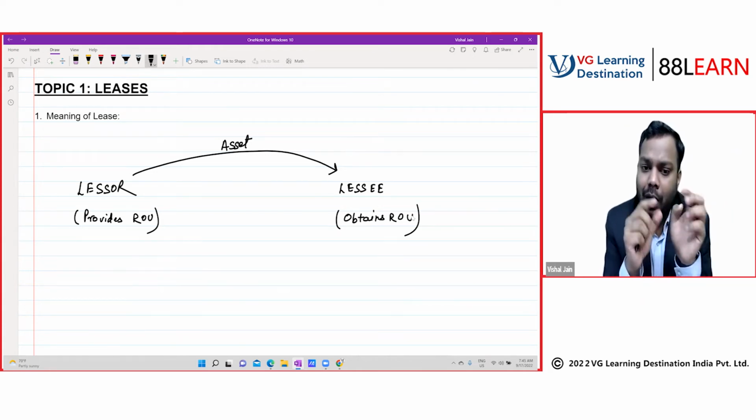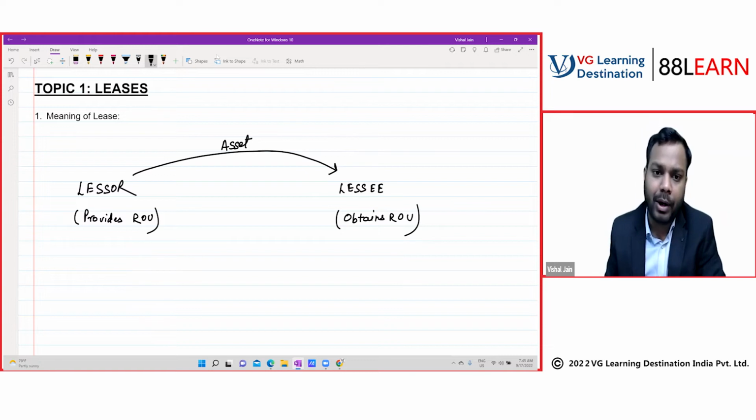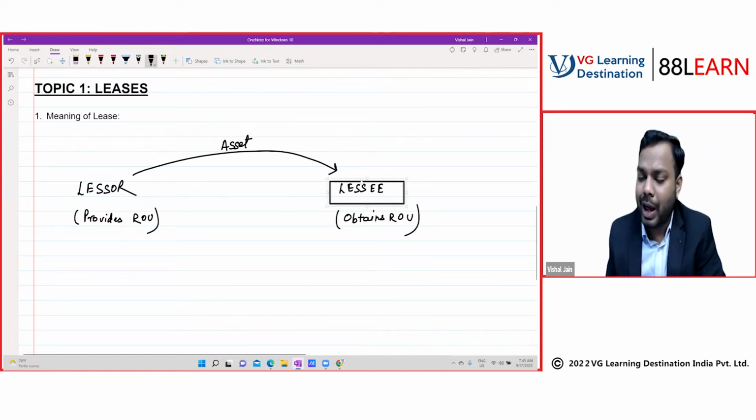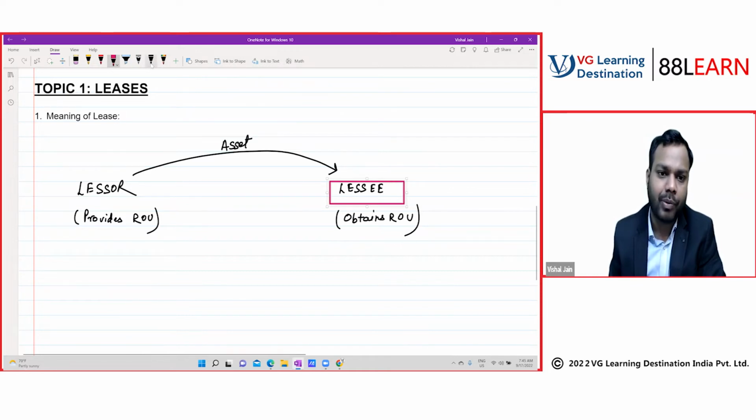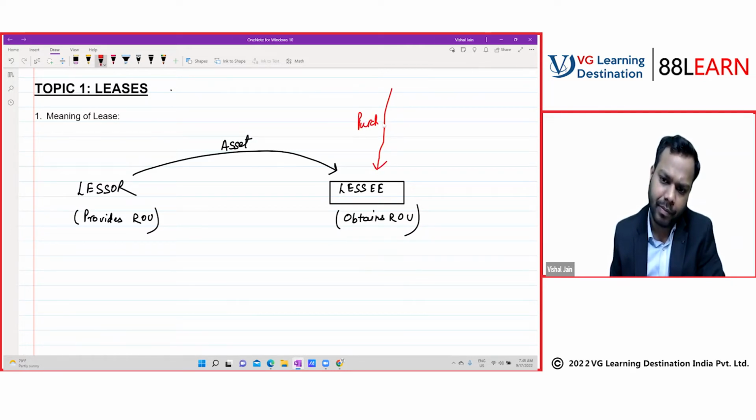Now, talking from the point of view of lessee, lessee would have an option to purchase the asset also from the market. Now the question is, how are these two different?